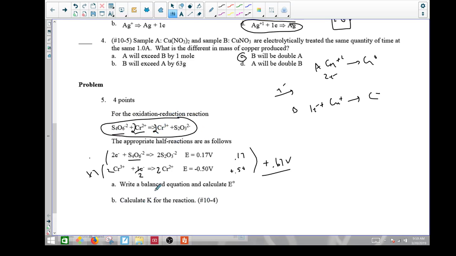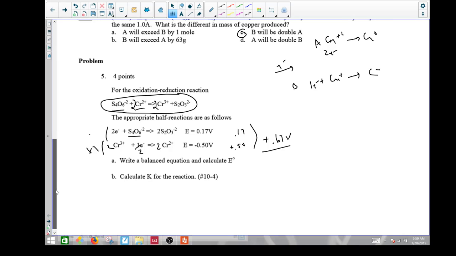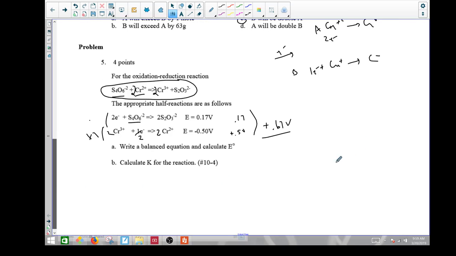Calculate K. The next two questions, one's calculating K, one's calculating G. I'm going to do them both right here. Delta G prime equals negative RT natural log of K. And delta G prime equals negative n Faraday's constant times the electric potential.